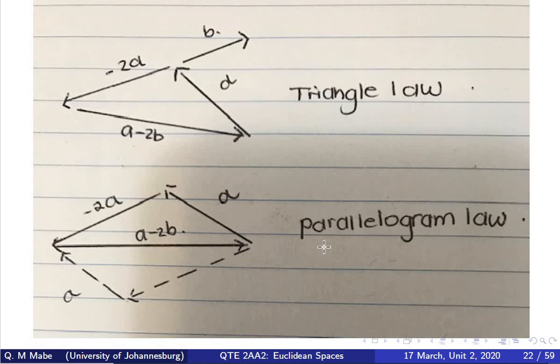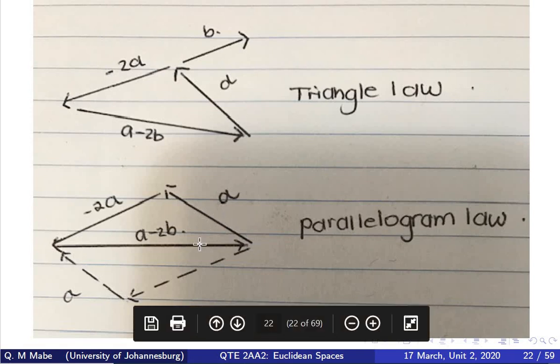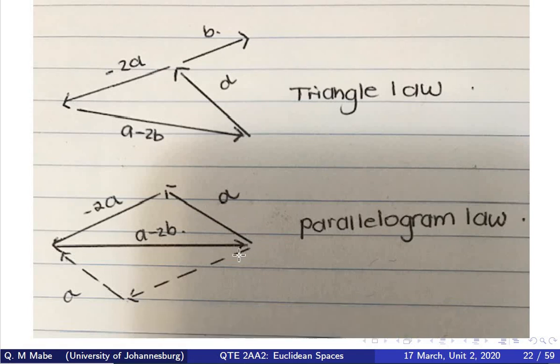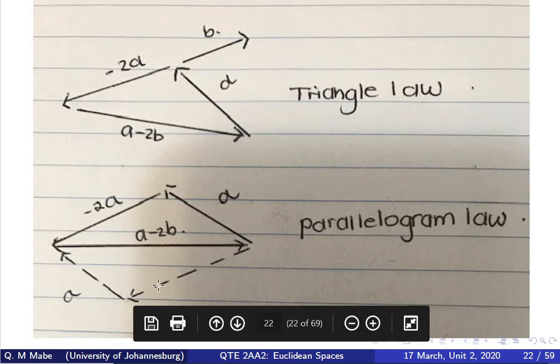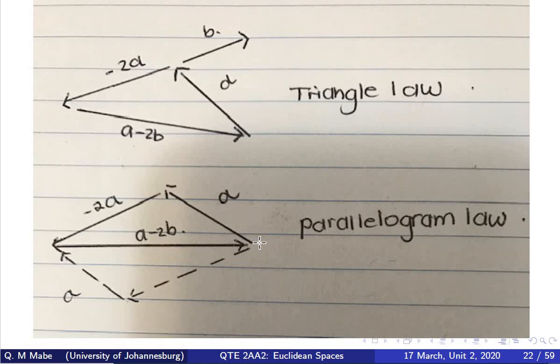And then when we use the parallelogram law, we draw a vector which is a dotted line, parallel to A, and draw another vector which is parallel to negative 2B, right? And then we have to draw that diagonal to add these vectors up. If it were A plus 2B, we would start at the initial point of A and end at the terminal point of 2B.